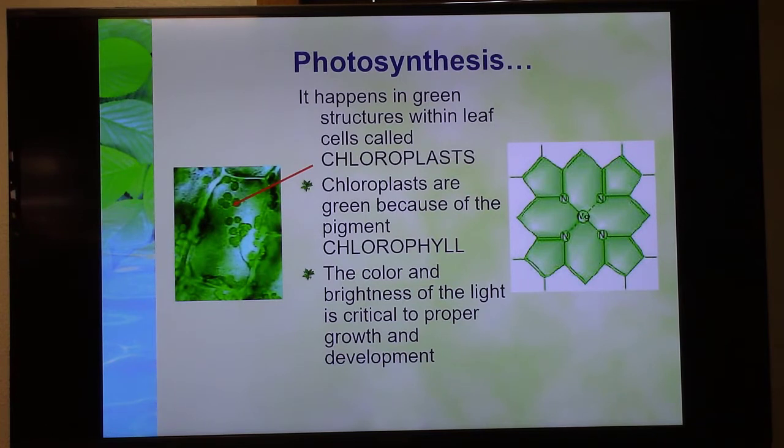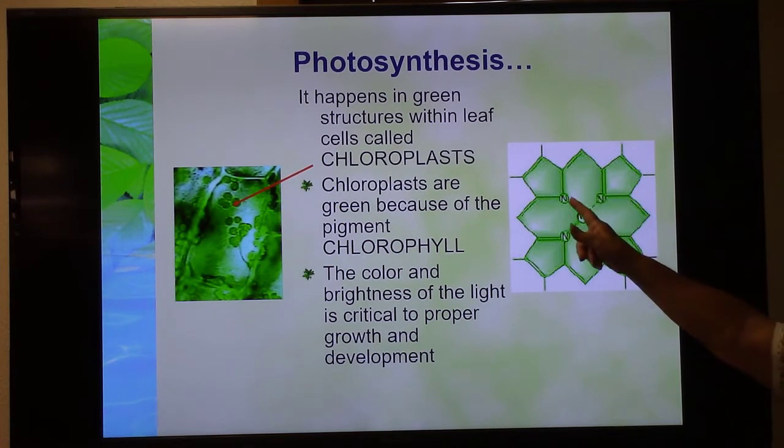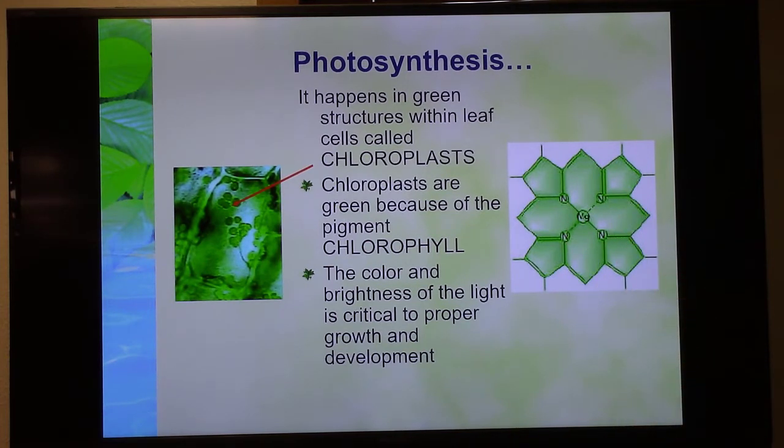And chlorophyll is a big molecule, but right there in the center of the chlorophyll molecule is 1 magnesium and 4 nitrogens in a cute little network arrangement.